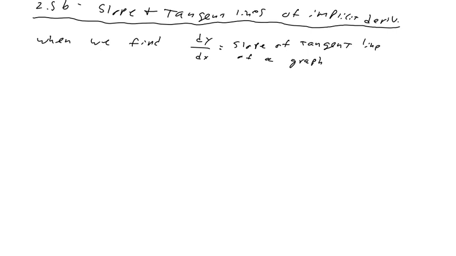When we find dy dx, what we are finding is the function of a slope of a tangent line, an equation that can tell us a slope at various points.